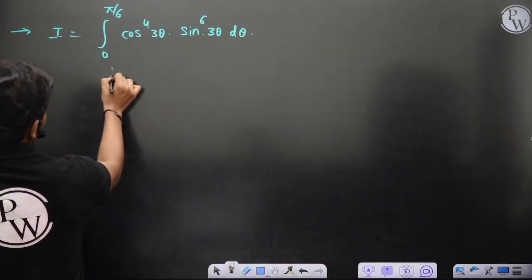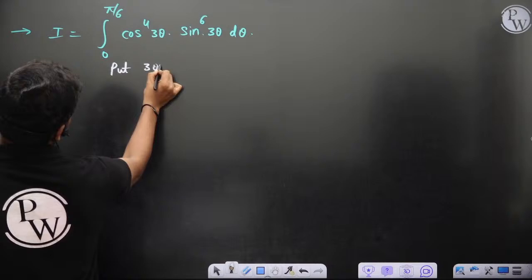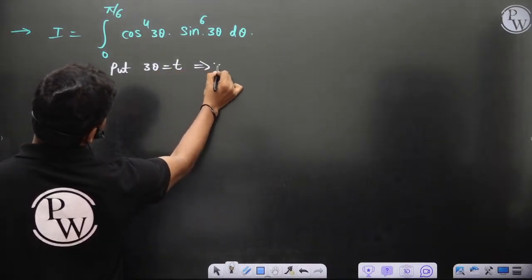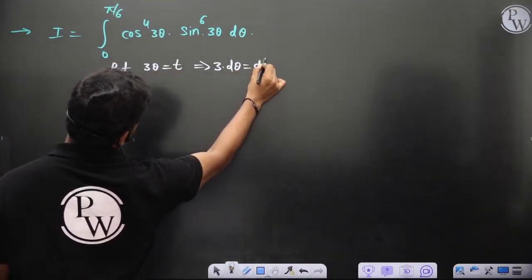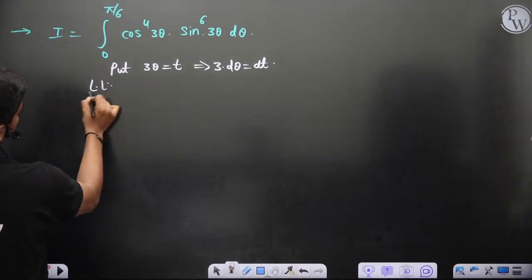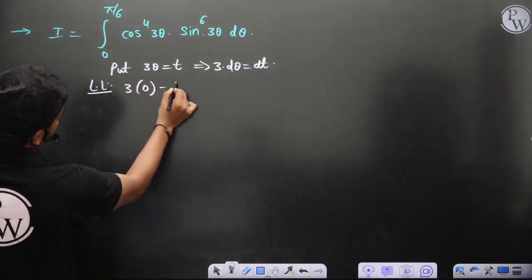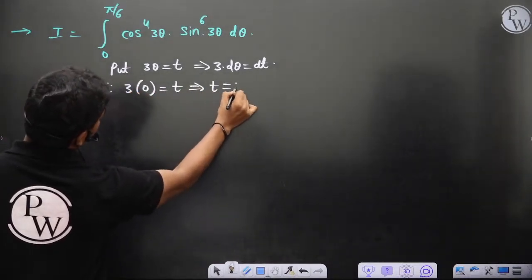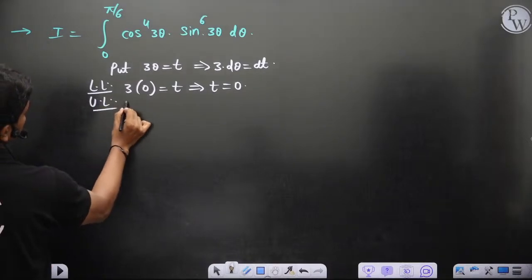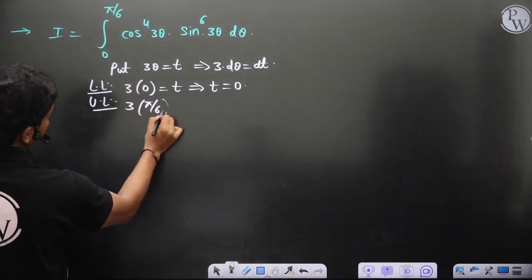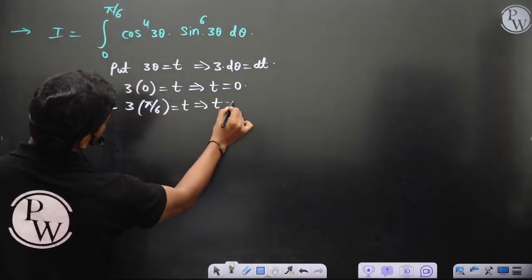If this is the GATE question, put 3 theta is equal to t. So 3 d theta is equal to dt, of course. What about the lower limit? 3 into 0 is equal to 0, so t equal to 0. Upper limit is 3 into pi by 6 is equal to t, so t equal to pi by 2.